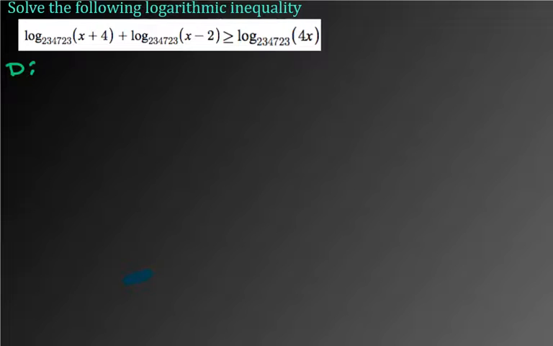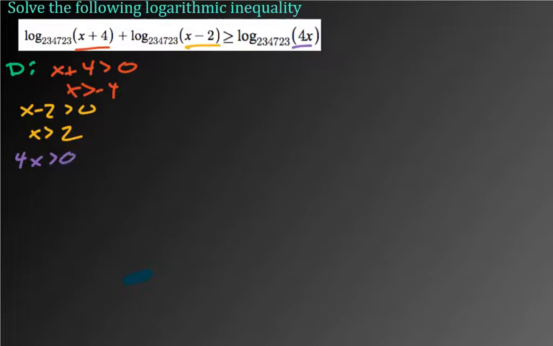So we need, let's just do this one first. x plus 4 needs to be greater than 0, so x needs to be bigger than negative 4. For this one, x minus 2 needs to be greater than 0, so x needs to be bigger than 2. And lastly, for this one, 4x needs to be greater than 0, or x needs to be bigger than 0.